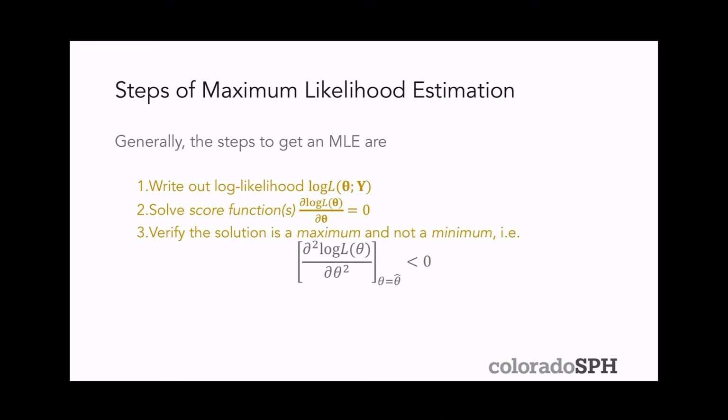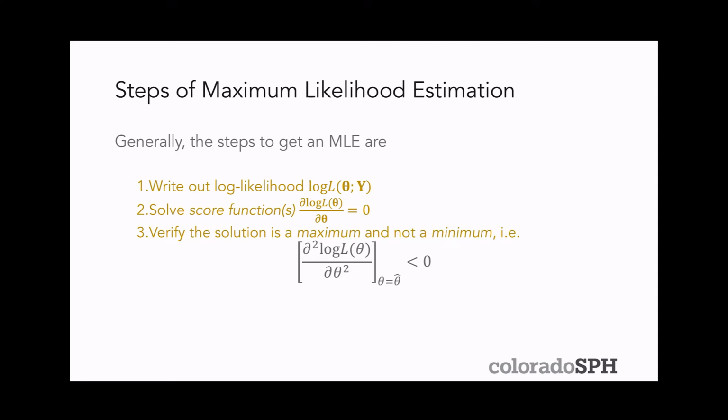So there are three main steps of maximum likelihood estimation, and these steps are written below. In step one, you find the log likelihood, L(theta) given y, and write this out. Then in the second step, you take the derivative of this log likelihood and set it equal to 0. If you remember from calculus, setting the derivative of a function to 0 is how you find the minima and maxima of that function.